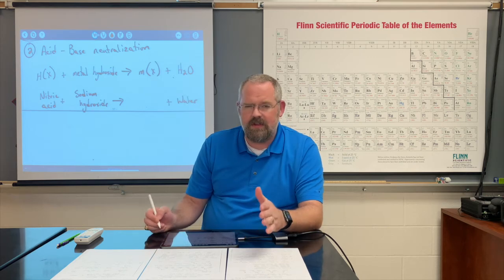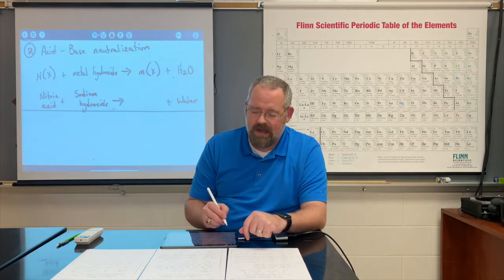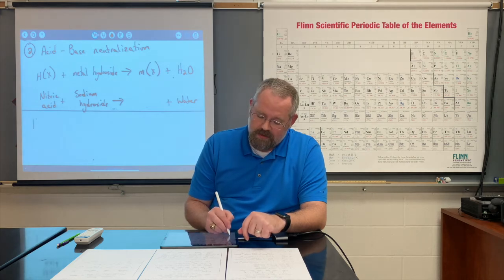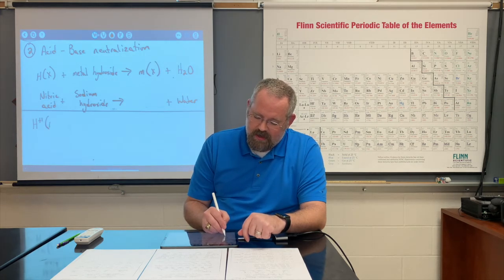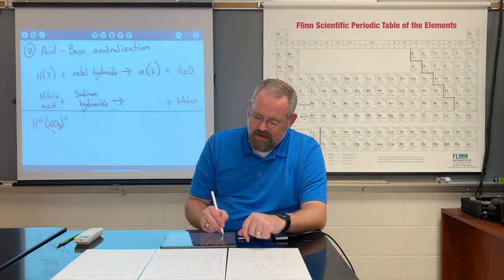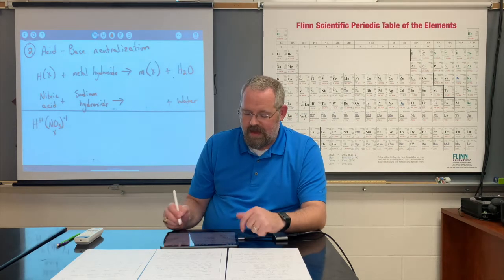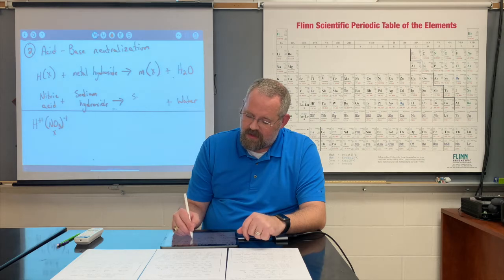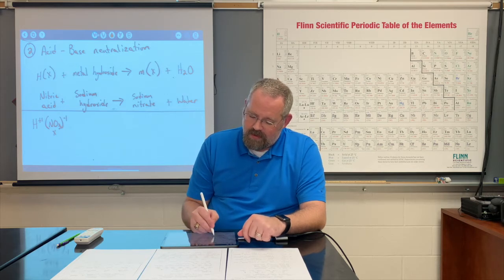Okay, let's look and see that ion. So nitric acid means nitrate. So all acids have an H. Nitric means nitrate, HNO3. So that is your X variable. That is that ion. So I've got sodium nitrate. All right. Sodium hydroxide, Na plus 1, hydroxide minus 1.